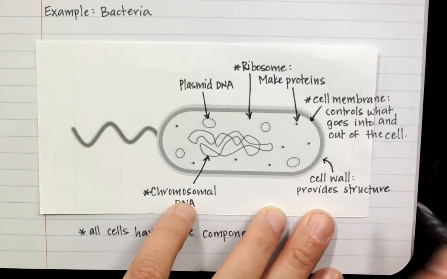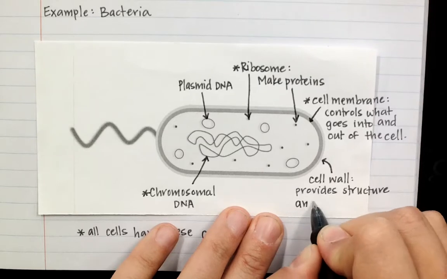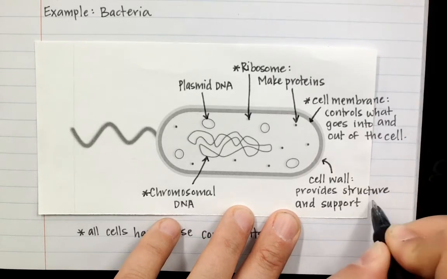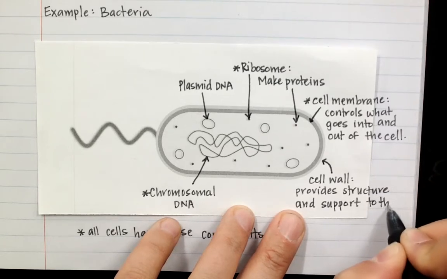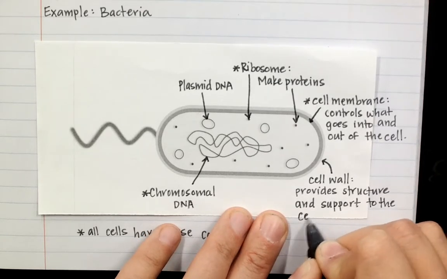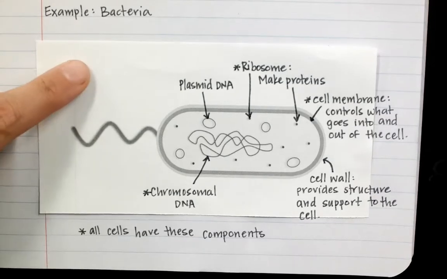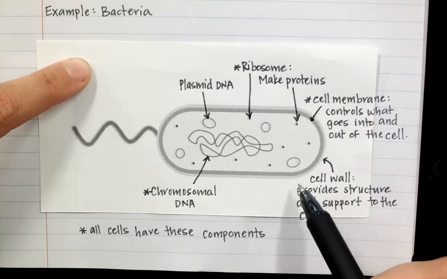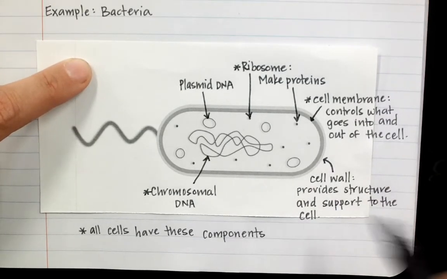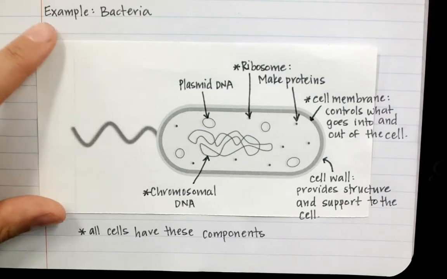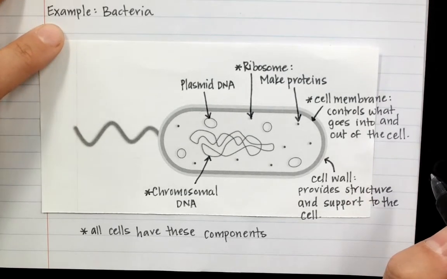So that's like shape and support to the cell. And that's going to be really important for our plants and for our bacteria. So it doesn't get a star because animal cells don't have a cell wall, but it's also not unique to our bacteria or our prokaryotes here because it is also found in our plants.